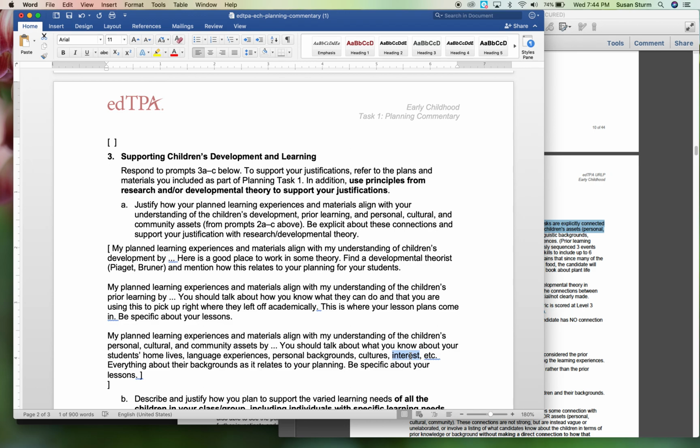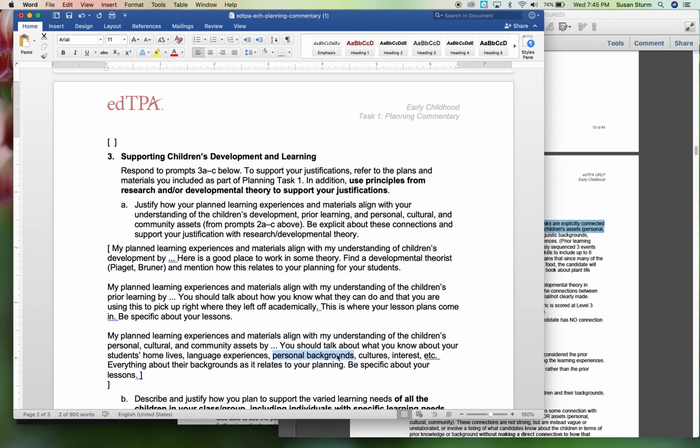A way you can connect to their personal backgrounds is if you allow them moments to share things about their personal lives. So if you ask them to tell you a story at any point and they get to talk about their families or something that happened at home, or if you have those authentic moments where students get to connect personally.